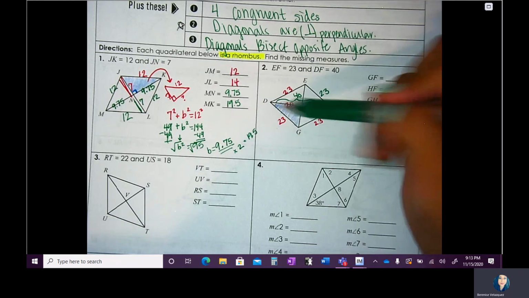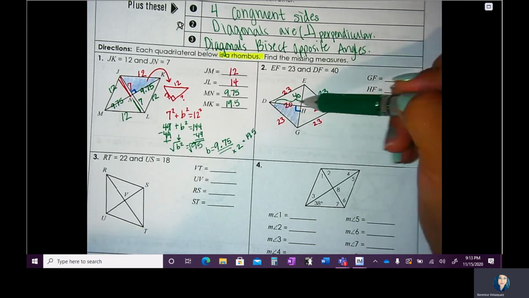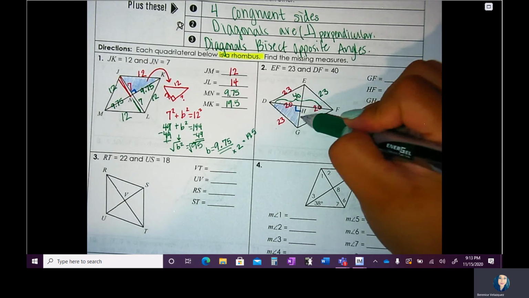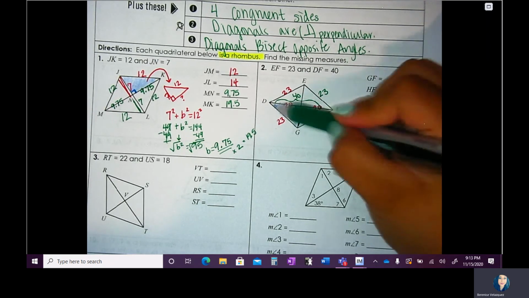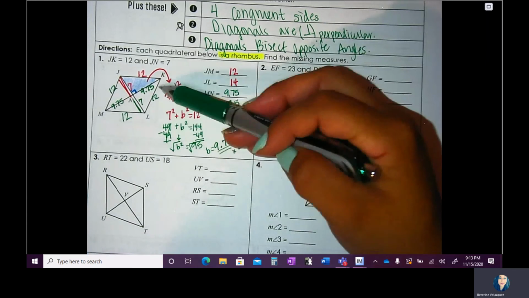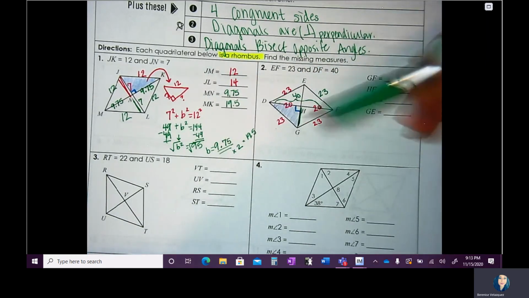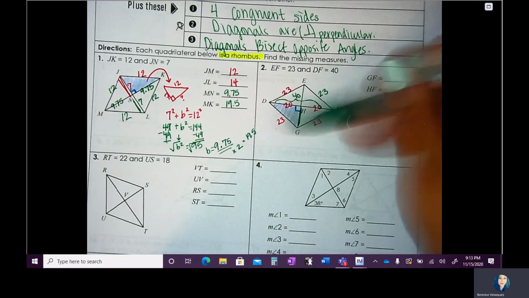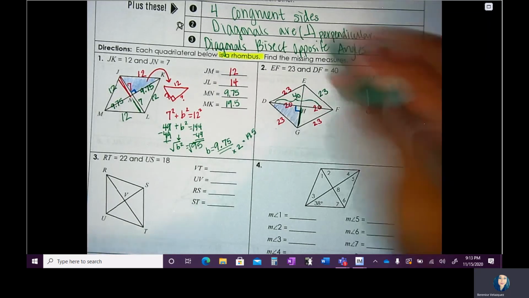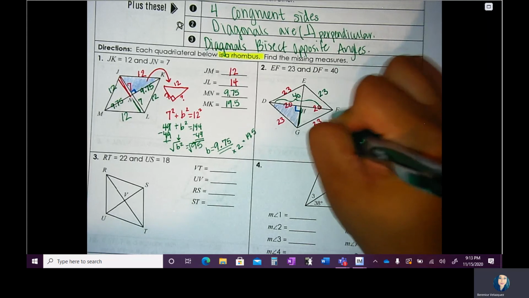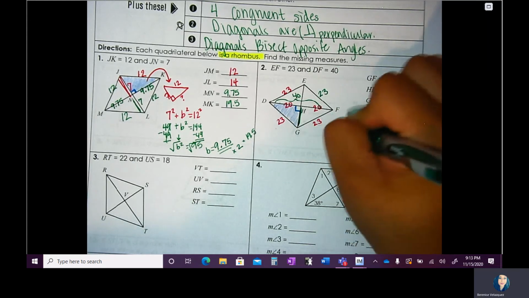Okay, so now that I have my square, I know that I can set up my problem. This is my a squared, my b squared will be my unknown, and then my hypotenuse is 23. If you haven't caught on, your hypotenuse was 12 over here. Your hypotenuse is 23. Your hypotenuse in these types of shapes will always be the outer number. Okay, so this is going to be 20 squared plus b squared is equal to 23 squared.